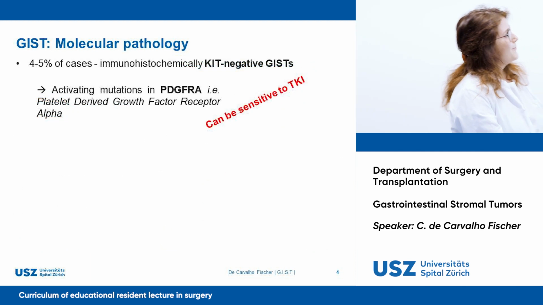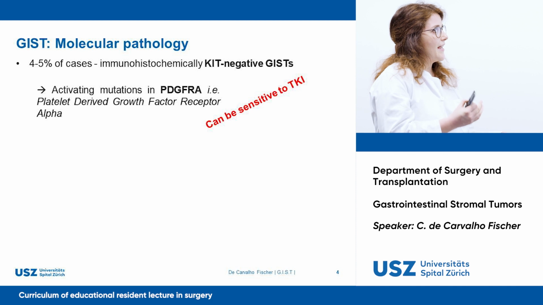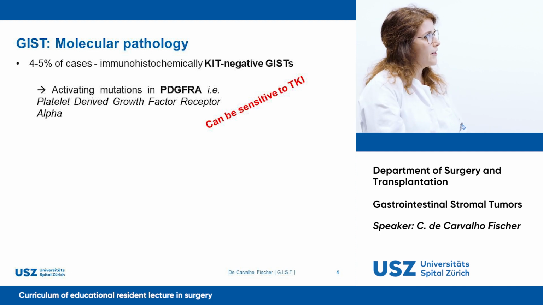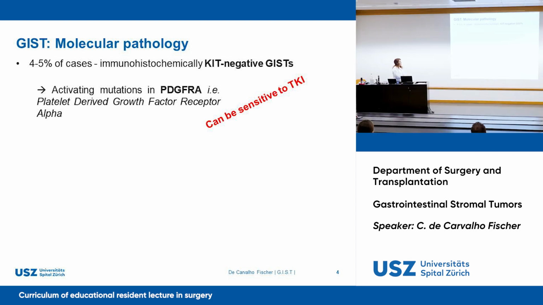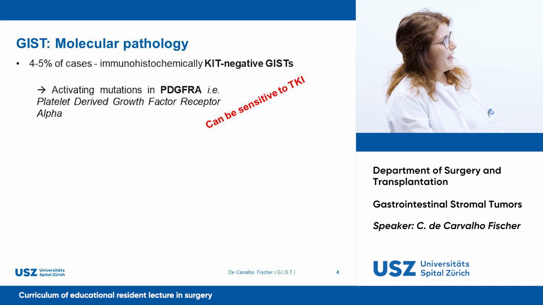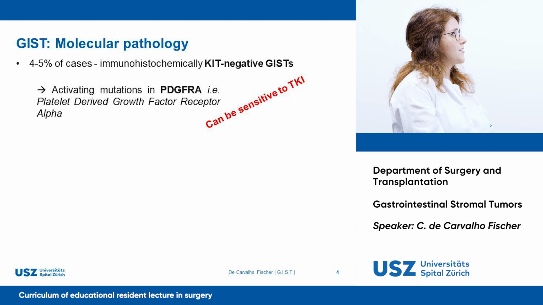A little more molecular pathology. So as I said, 80% of cases will have a mutation in the KIT receptor. However, in 4 to 5%, the GISTs are immunohistochemically negative for KIT receptor. How does this happen? Some may have mutations in other genes, such as the platelet-derived growth factor receptor alpha.